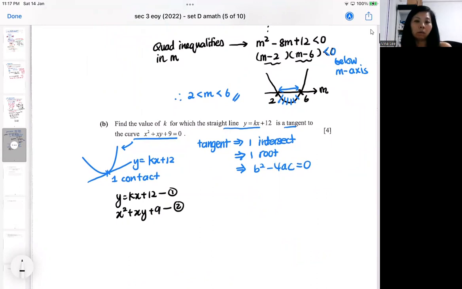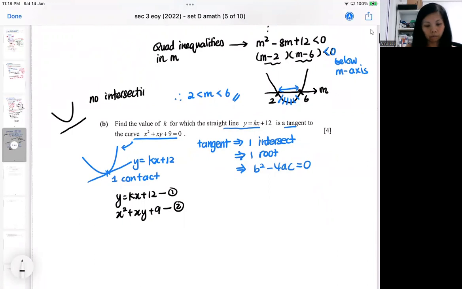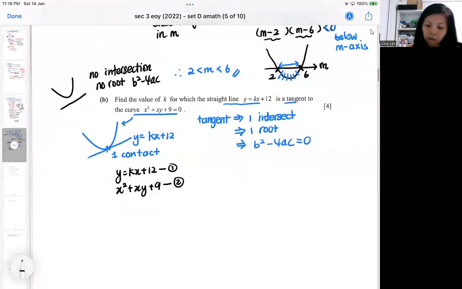Even if the straight line doesn't intersect the graph, something like this, there's no intersection, means that there are no roots. So the discriminant will be negative. Even if there is no intersection, you still got to execute the simultaneous. Otherwise, you cannot get your ABC.